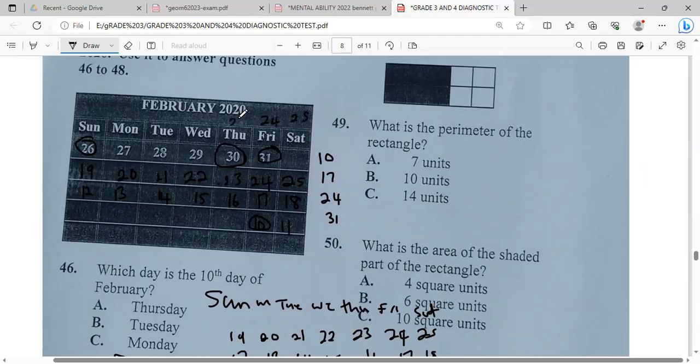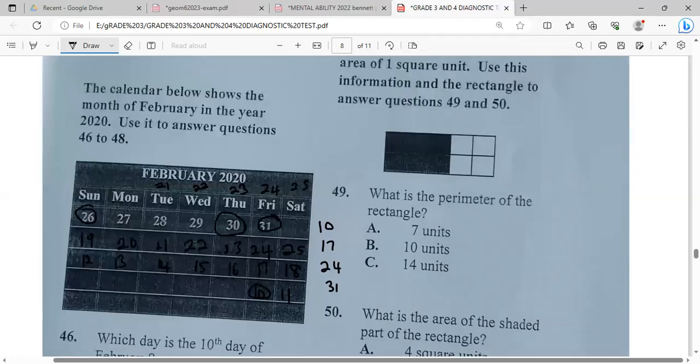This is the 23rd. This is the 22nd. This is the 21st. 21 on Tuesday. What the hell? Something is wrong with this, man. Let me see if it's a different month. The calendar below shows the month of February and the year of 2020. Use it to answer anything. Oh yeah, February, because they're not talking about the next month. Something is wrong with that question here.